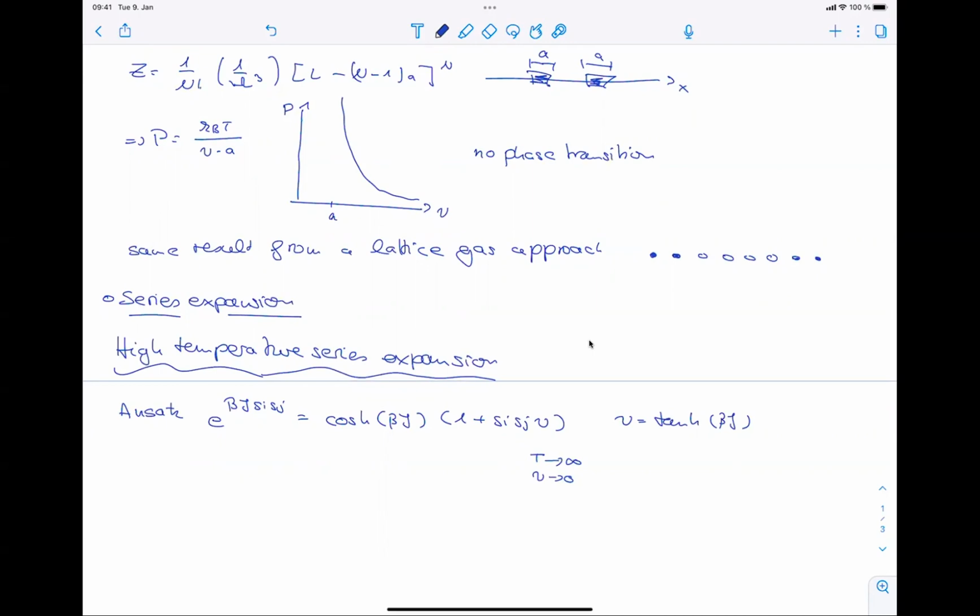And so what we do is we do an expansion in the partition function in orders of v, our expansion parameter.